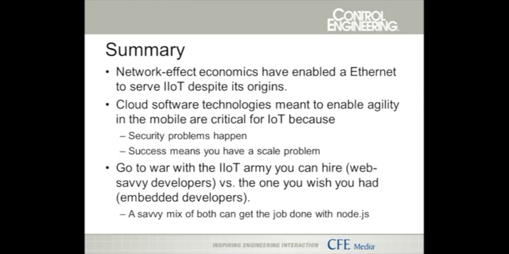You'll have millions of devices or hundreds of thousands of devices. And as someone famously or infamously said, you have to go with the army you have, or in this case, the army you can hire, versus the one you wish that you had. And a savvy mix of both can get the job done using Node.js and JavaScript. And with that, I'll turn it back to Mark.